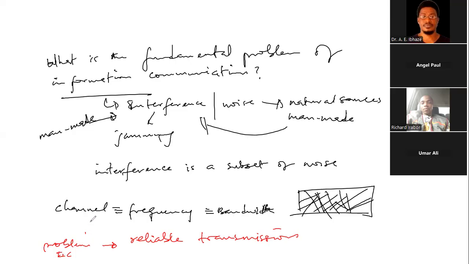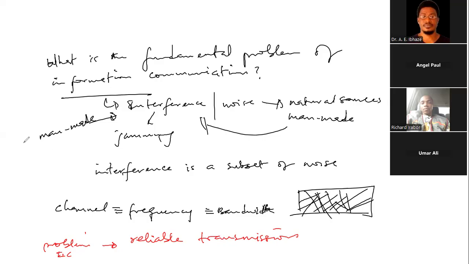Okay, now, if the fundamental problem of information communication is reliable transmission, for which you already mentioned that having effective and efficient coding and decoding schemes over this noisy channel will solve that problem, then a finite string of symbols that are elements of some finite alphabet may be used to transmit the message.